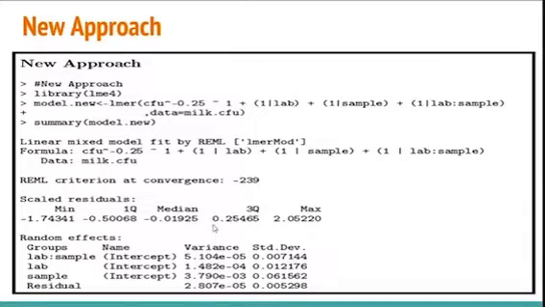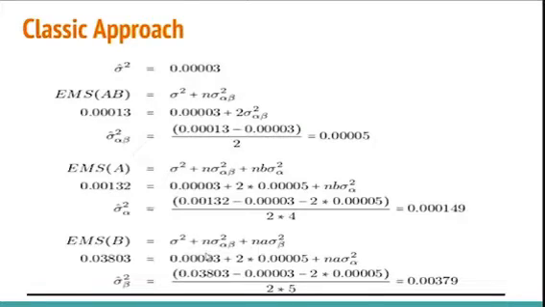If you want, you can compare the variance you got here with the variance that you got here. Don't forget, you got this variance after you fixed the problem of normality using the classical approach.